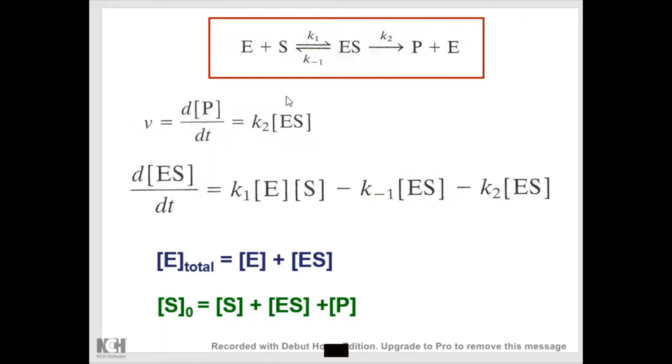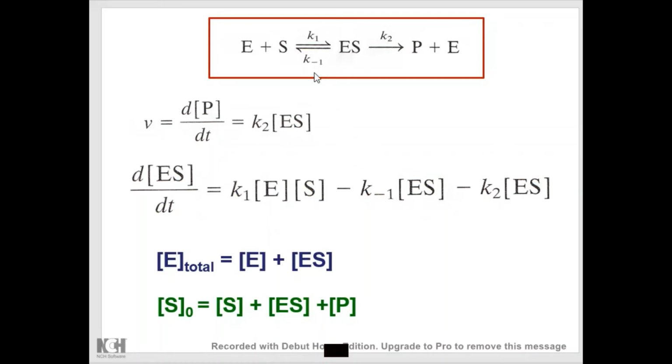The change of ES over time is going to be equal to this expression, and this expression has three terms, and each term stands for a reaction in which ES participates. ES is accumulated due to one reaction with a constant K1, so it's produced in this reaction, and it is decomposed in two reactions which are characterized by constants K-1 and K2.